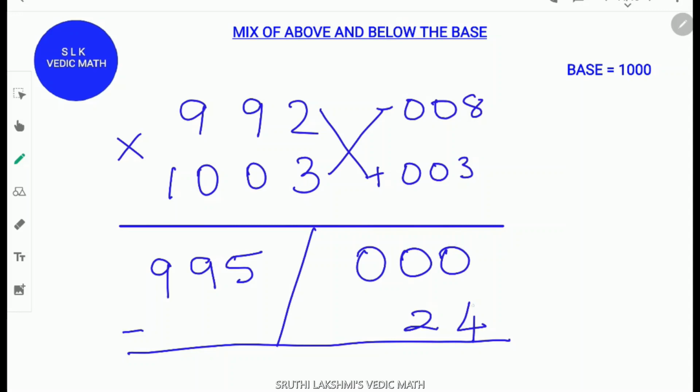So 4 minus 0 is 4, and 10 minus 4 is 6. 2 minus 0 is 2, and 9 minus 2 is 7, and 0 minus 0 is 0, and 9 minus 0 is 9, and 5 minus 0 is 5, and 5 minus 1 is 4, and we write down the 9s as it is. So 992 times 1003 is 994976.